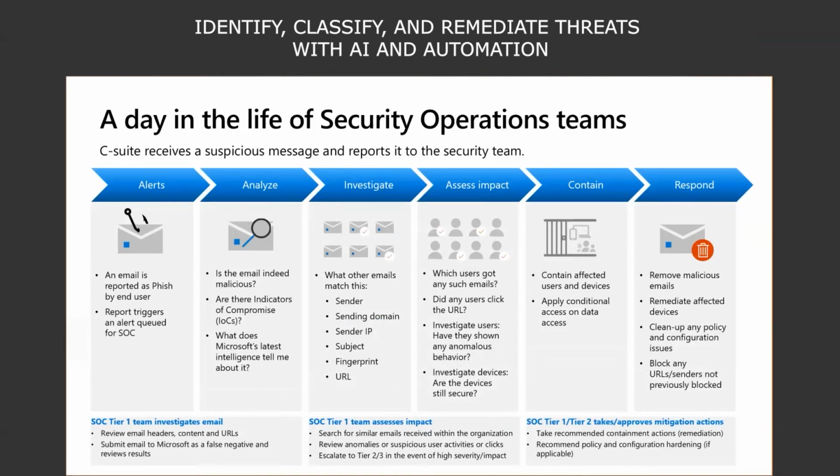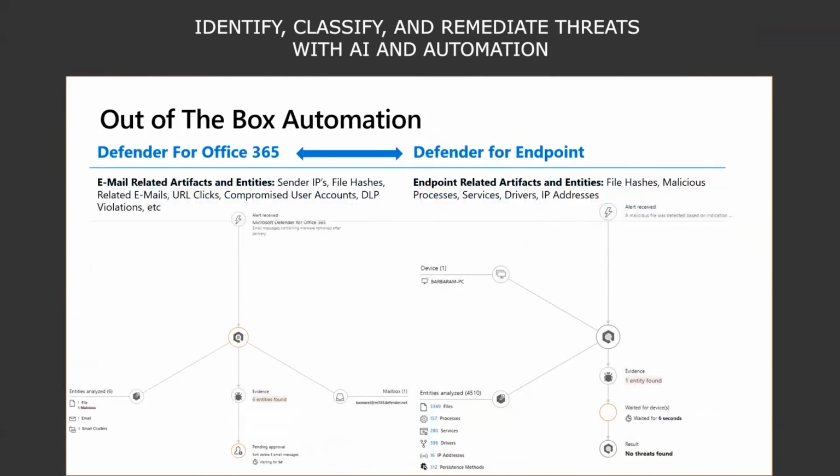What we offer out of the box in our product is a holistic approach to security. We have integrated tools, so there is no need to dig into different tools. It's built on the principles of AI and automation, which can easily surface all the required data for your SecOps team to answer these questions.